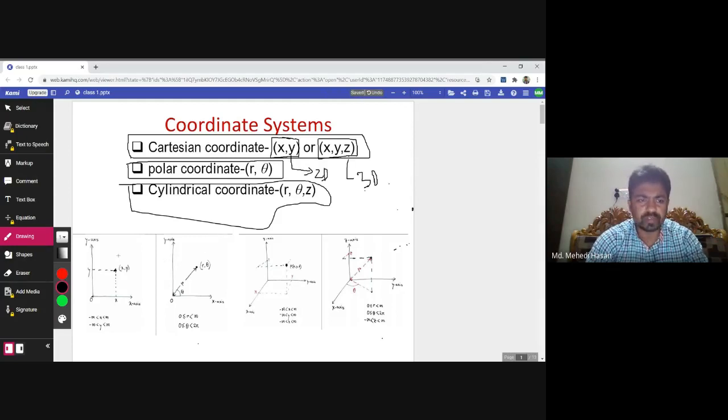In the 2-dimensional coordinate system, there is the origin, and x and y are perpendicular to each other. A point can be described by xy. In the 3-dimensional coordinate system, the coordinates are x, y, z, all perpendicular to each other.